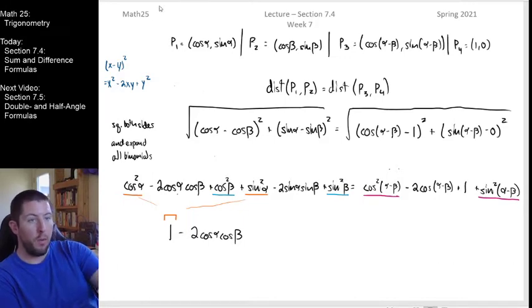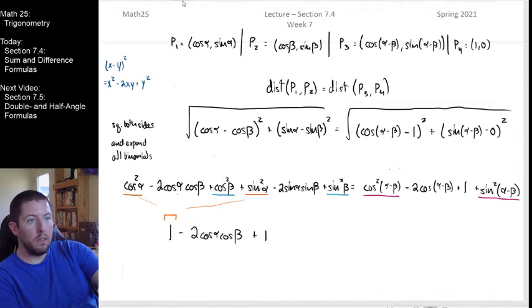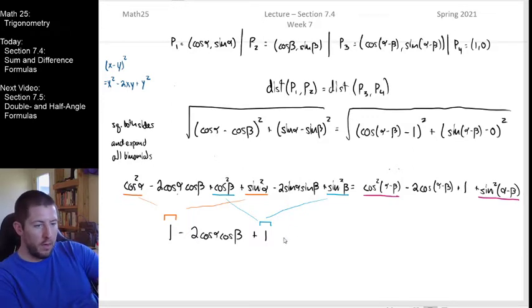So plus another 1. And then we're going to get a minus 2 sine alpha sine beta.